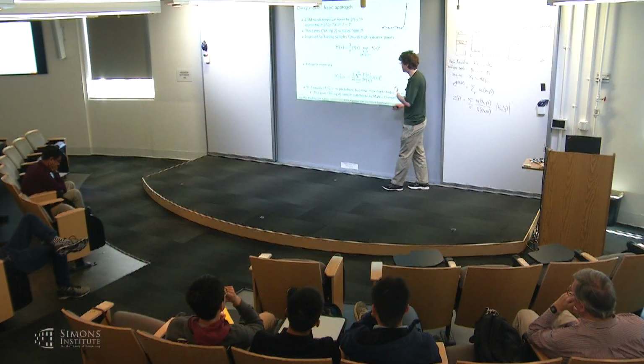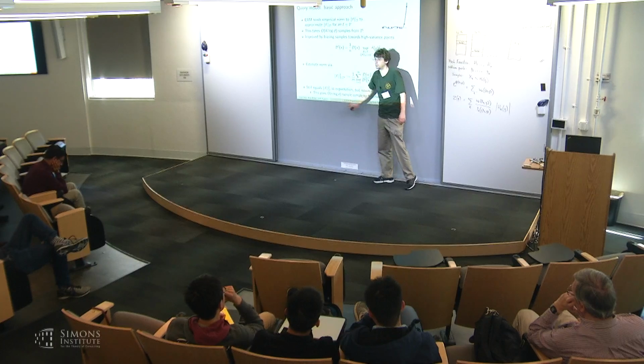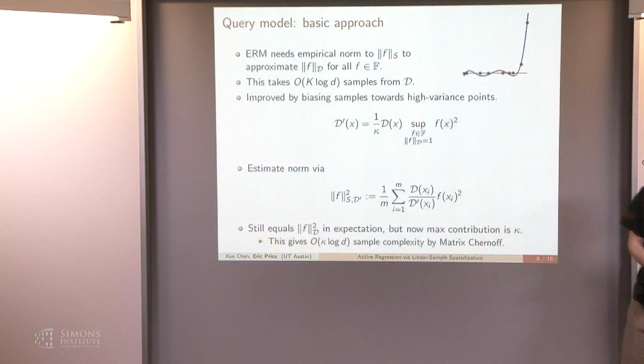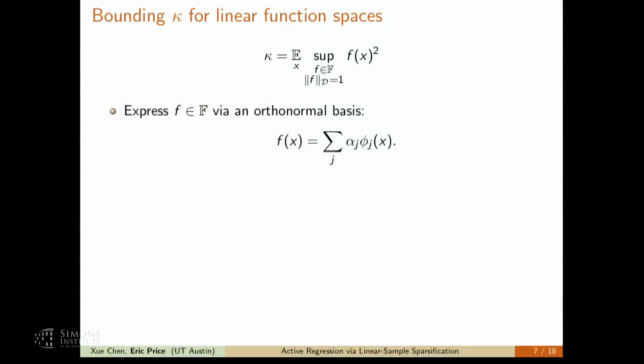So in particular for any linear space, kappa is order d, and so this would give you order d log d samples. Just to give a simple proof of that, if you take your function in your linear space, express it in its orthonormal basis. So f of x is the sum over j of alpha j times phi j for some orthonormal functions phi j.